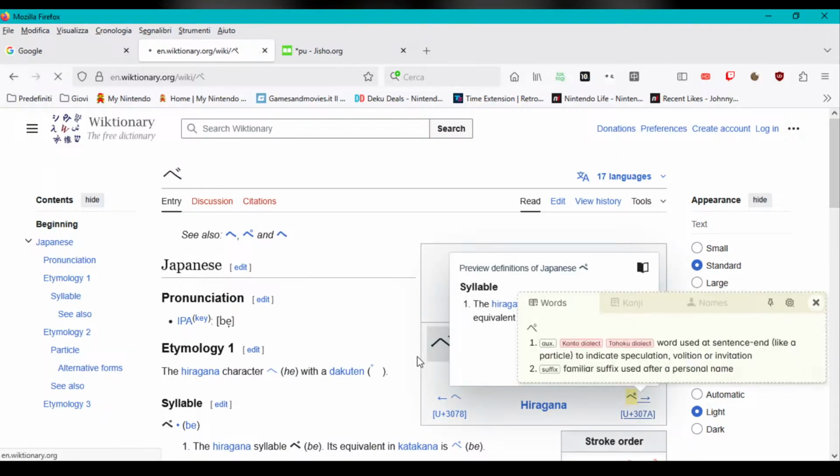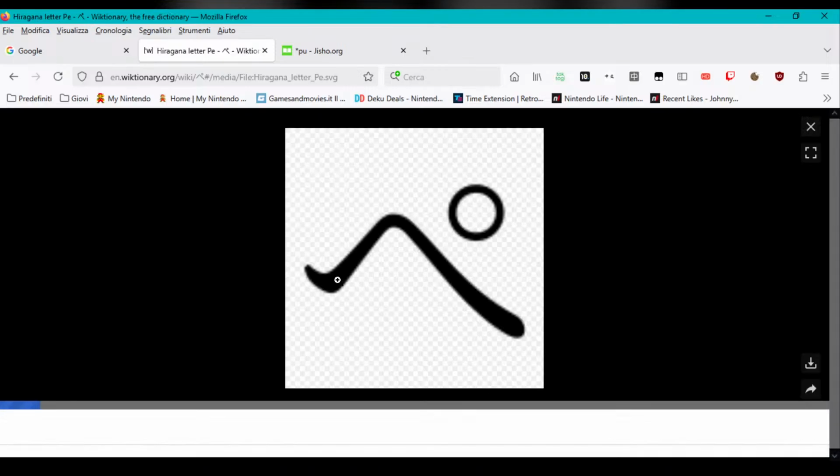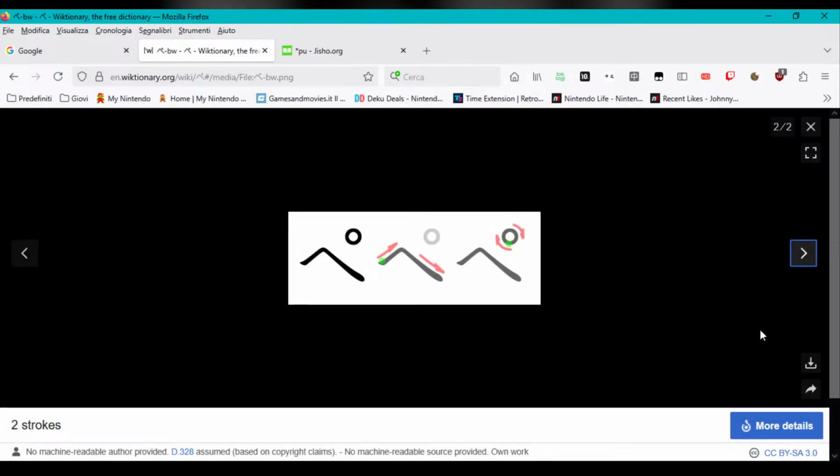Then we have pe, again left to right, and then the handakuten, so the circle, left to right, single stroke, handakuten, the circle. As you can see also here with the arrows.